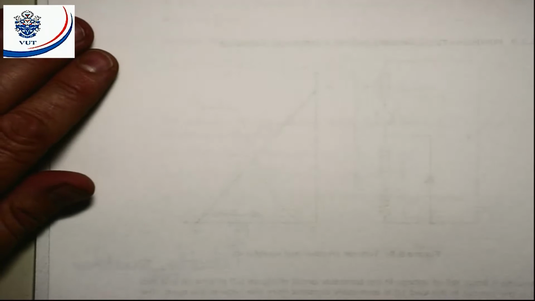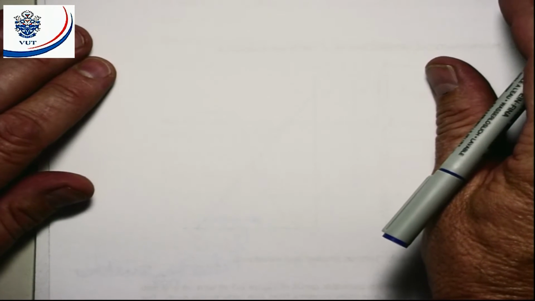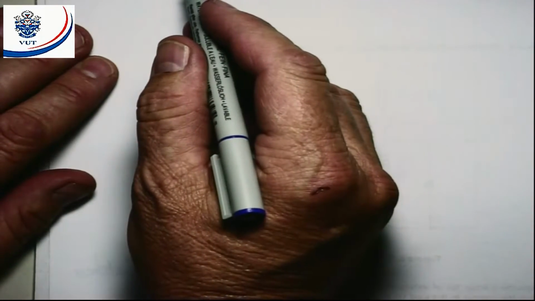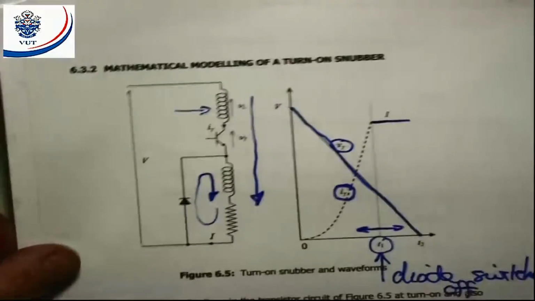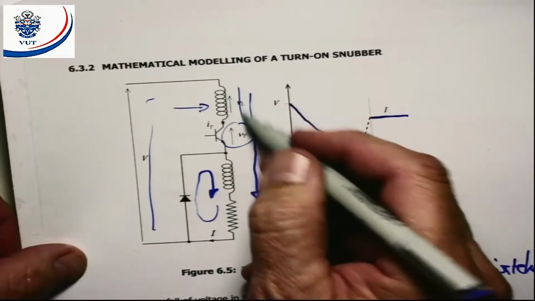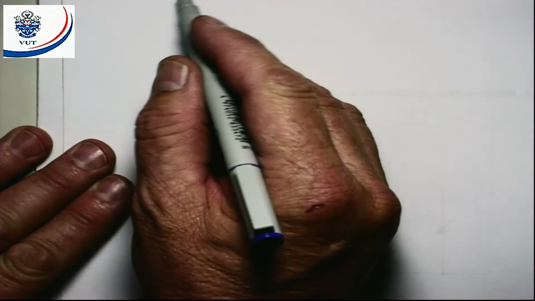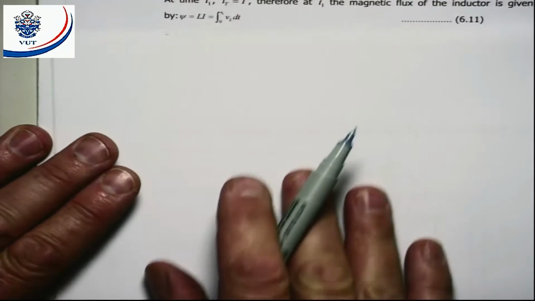If we now apply Kirchhoff's voltage law to the circuit, remembering that the freewheeling diode is on up till T1, we get that V is equal to Vt plus VL. Do you agree with me? Kirchhoff's voltage law. Thus up to T1 we can say that the inductor voltage is equal to V minus Vt.